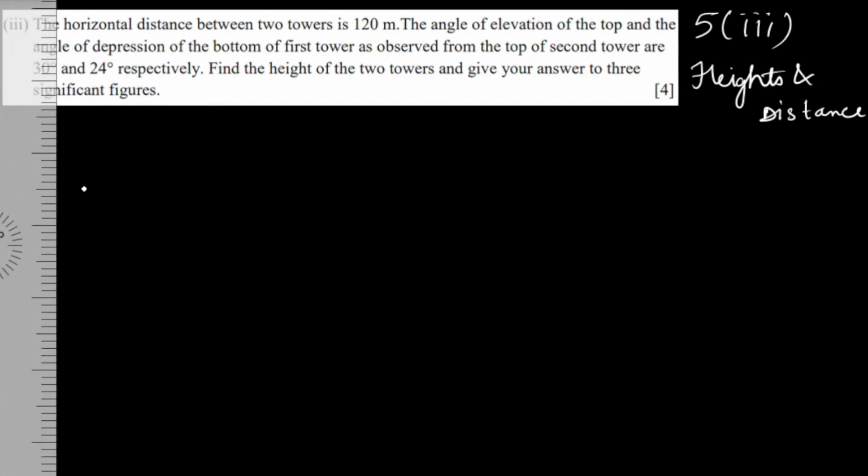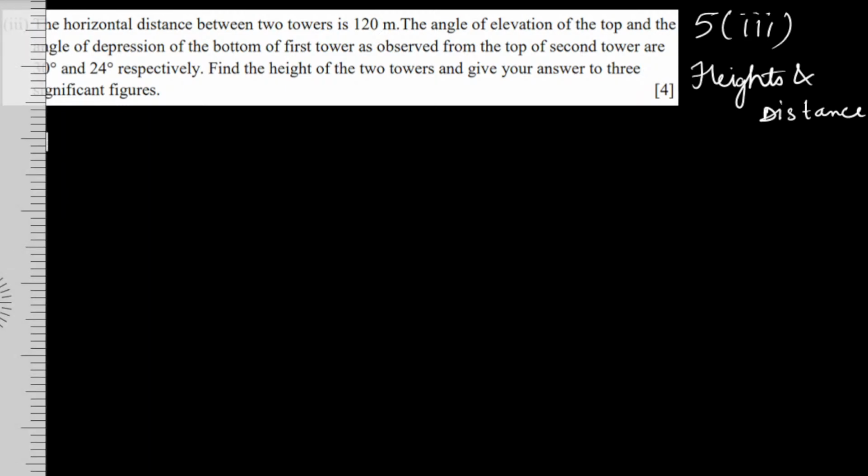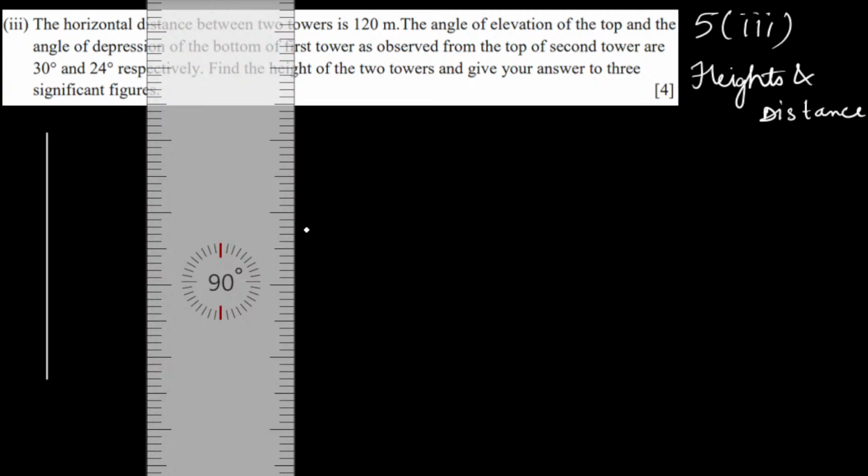Sometimes the figure will be given to us, sometimes it won't be given, and that time we have to draw. So suppose this is one tower and there is another tower.